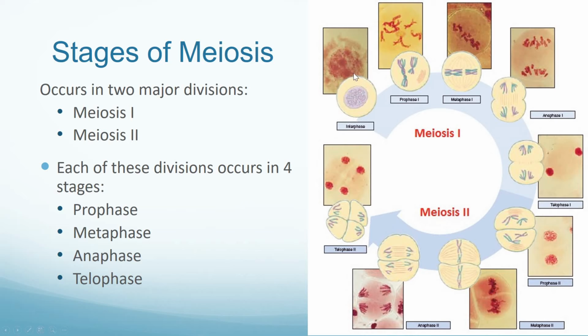So you can see here that it starts with interphase. It goes through PMAT part 1, so prophase 1, metaphase 1, anaphase 1, telophase 1. Then it goes into prophase 2, metaphase 2, anaphase 2, and telophase 2 at the end. So you can see how it's divided into meiosis 1 and meiosis 2.